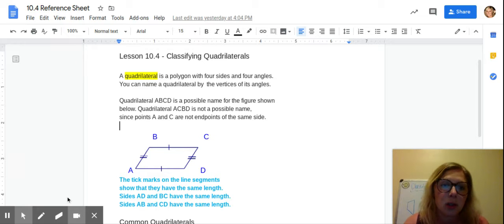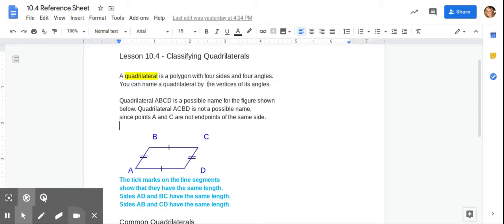So it says a quadrilateral is a polygon with four sides and four angles, like I just said. You can name a quadrilateral by the vertices of its angles. So we're going to talk about those. So here we have a quadrilateral. It's named A, B, C, D. Okay, that is a possible name for the figure shown below.